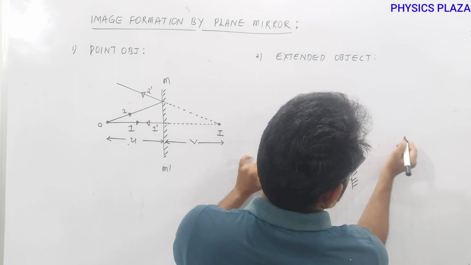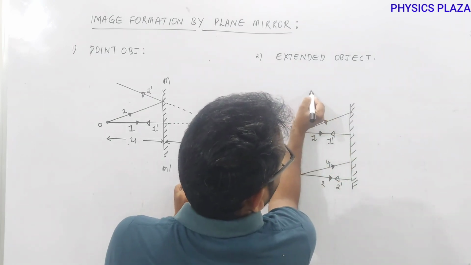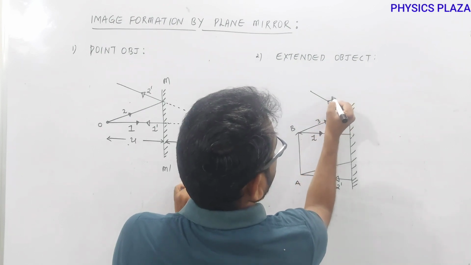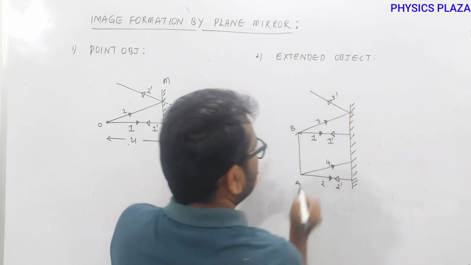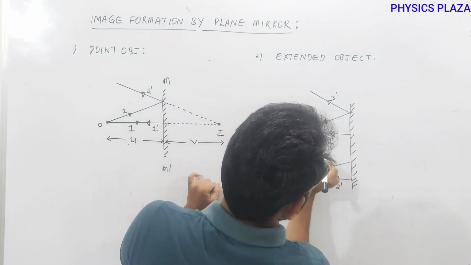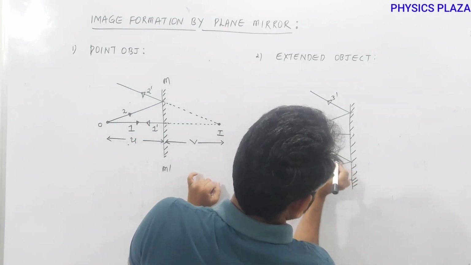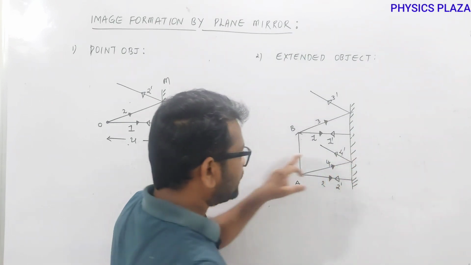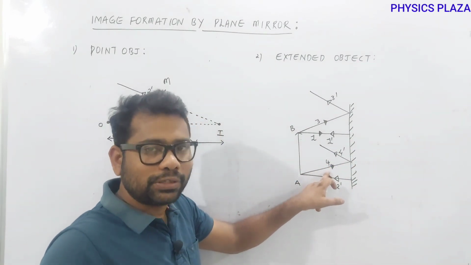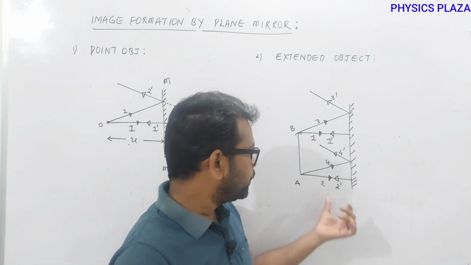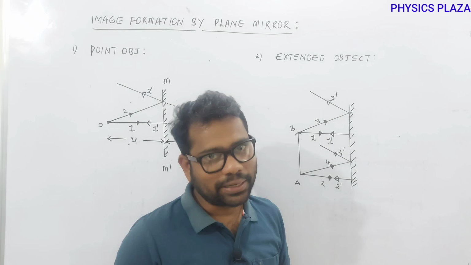This is how the light ray gets reflected. 3 dash means the reflected ray of the third light ray, and here 4 dash is the reflected light ray of the fourth one. It is very comfortable for us to understand; otherwise, putting dashes is not at all mandatory.